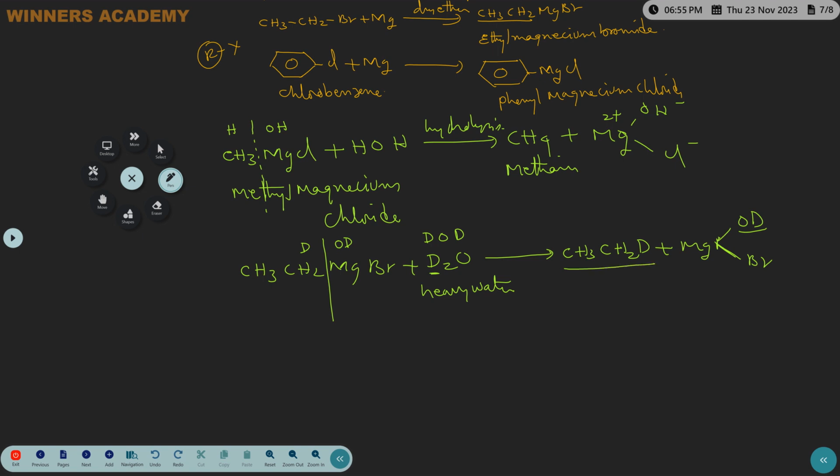CH3CH2D means nothing but ethane, C2H6, with one hydrogen replaced by D. Heavy ethane is formed.